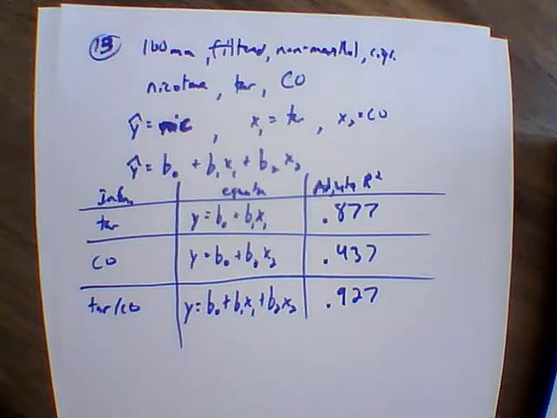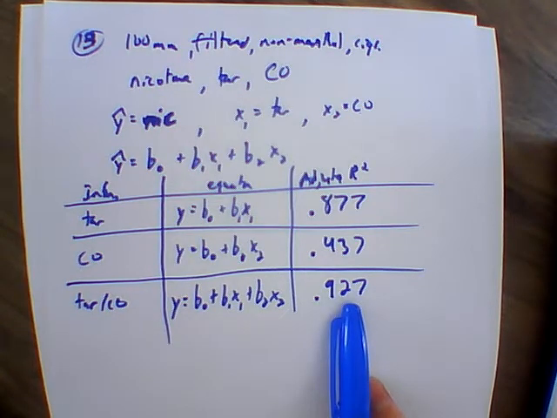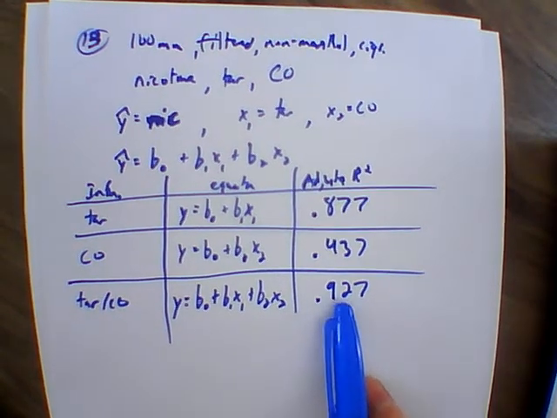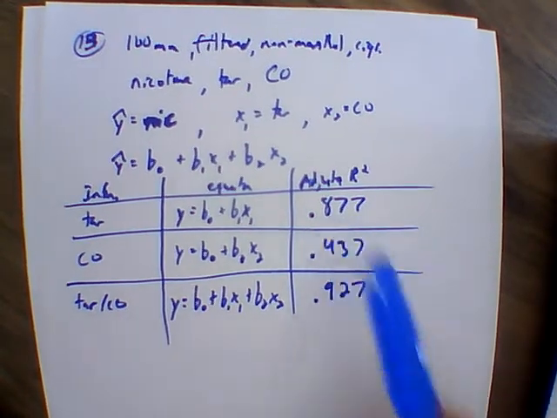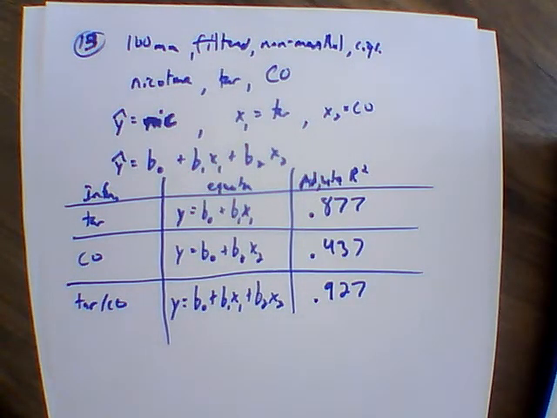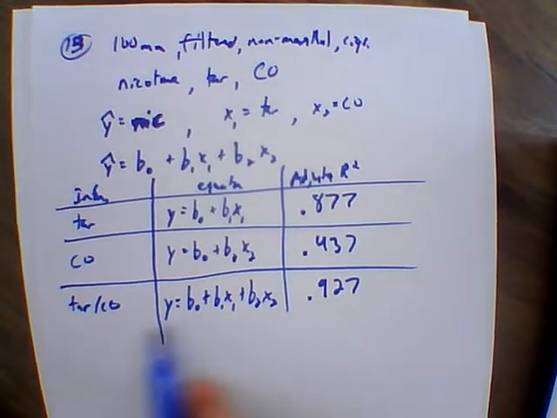Both of these give us such a better one. We're getting a 0.927 versus that 0.877. That's an overall 5% more accuracy, which is a significant value in itself. So we really want to choose this one. So we would have our indicator here.